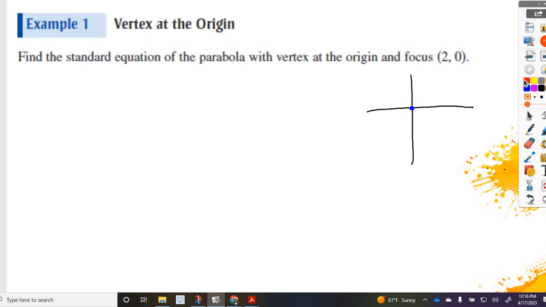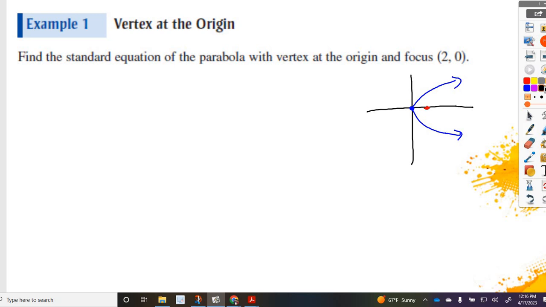The focus for this is on the x-axis. And remember, for all of our pictures, our focus is inside of the parabola. So if I know where the focus is, we know that our parabola has to open to the right this time, because the focus has to be inside the parabola.